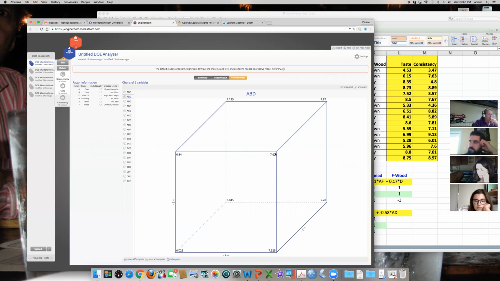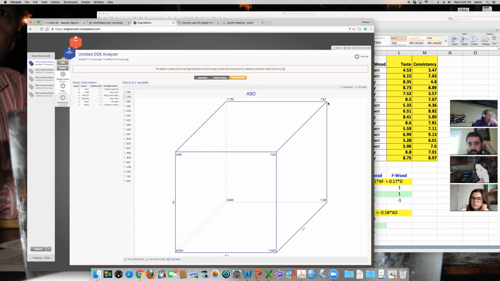It looks like this is my highest corner back here in the top right. So that would be plus on D, which is more kneading. And we're plus on A, so it's expensive flour.